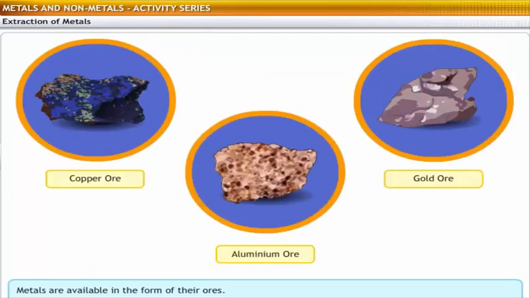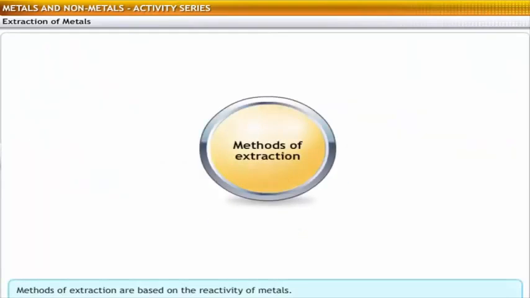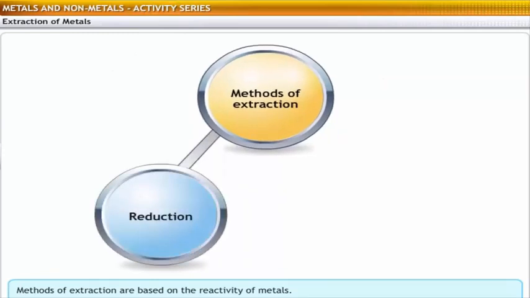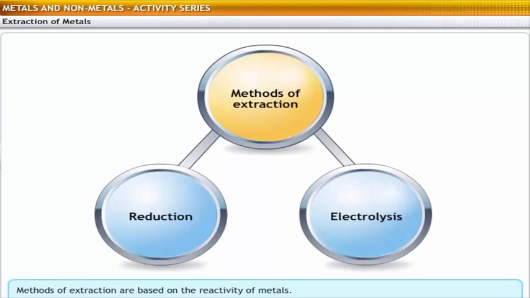A number of metals are available only in combined forms as ores. To obtain the pure forms of these metals, we need to extract them from their respective ores. Based on the reactivity displayed by metals, they can be extracted through the following methods: reduction and electrolysis.